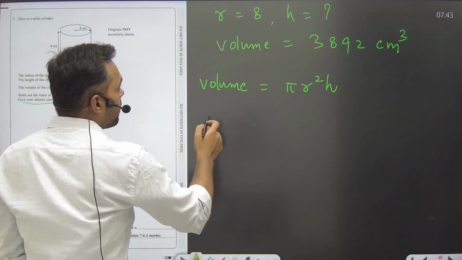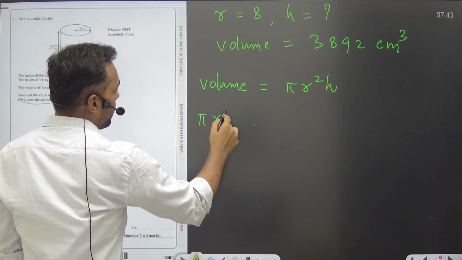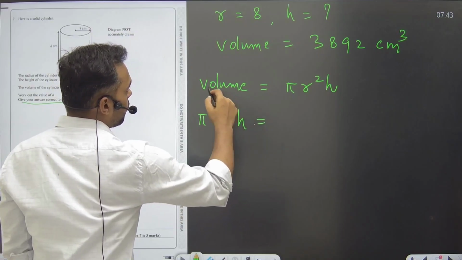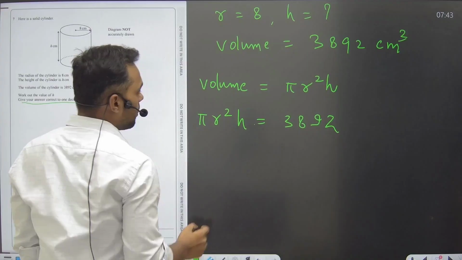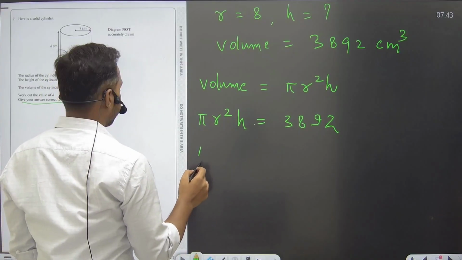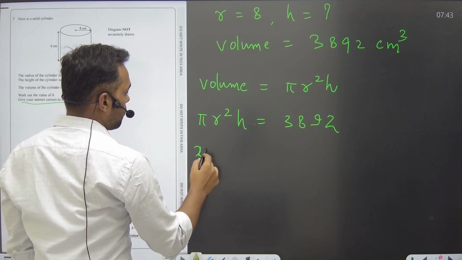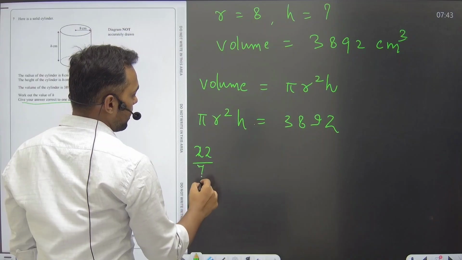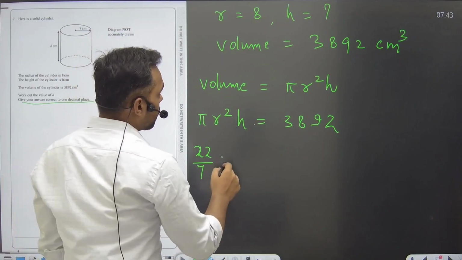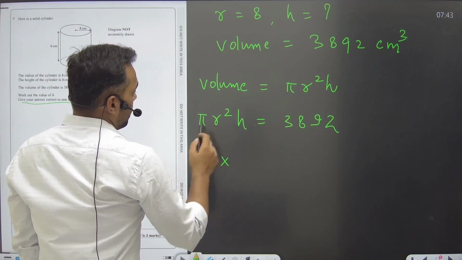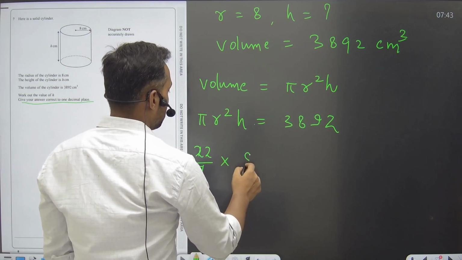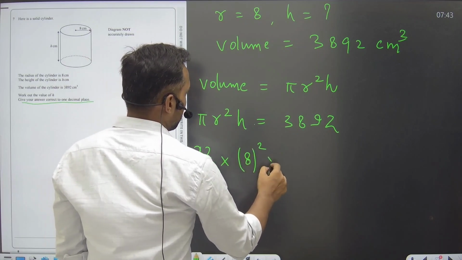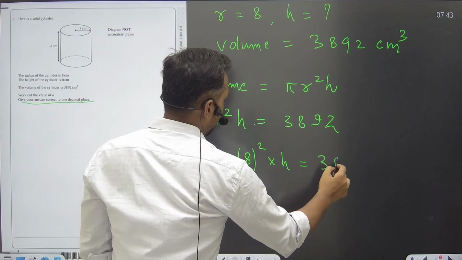So pi r square h equals the volume, which is given as 3892. We will substitute pi as 22 upon 7 cross r. Radius here is 8, so it will be 8 square cross h, equals 3892.